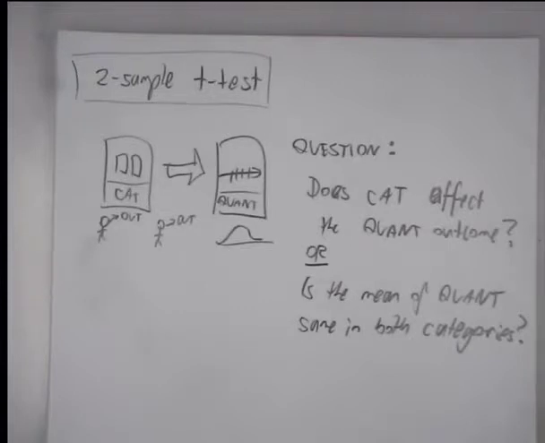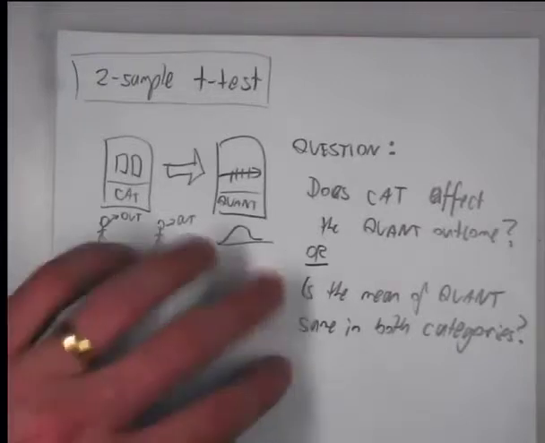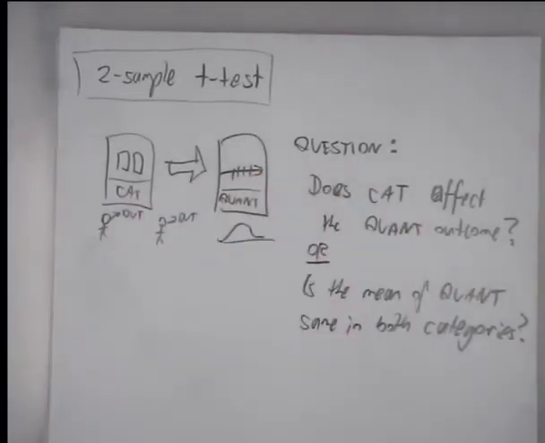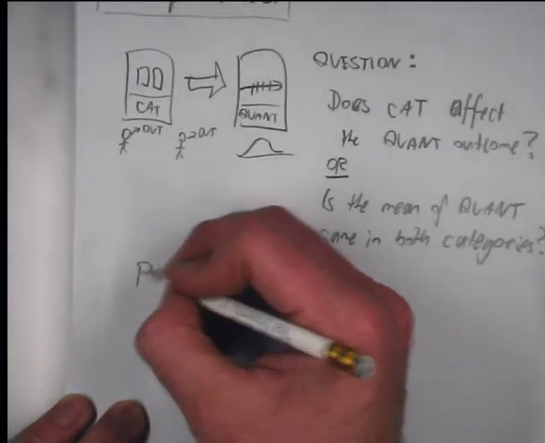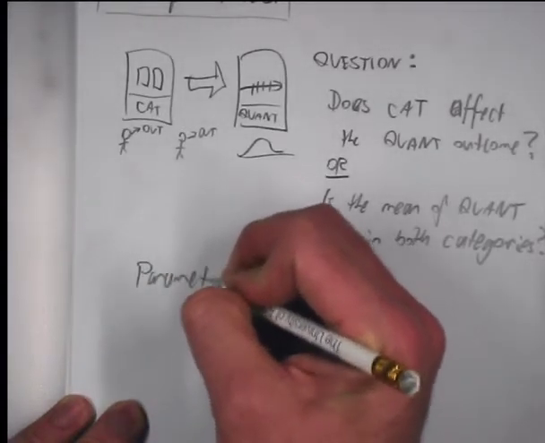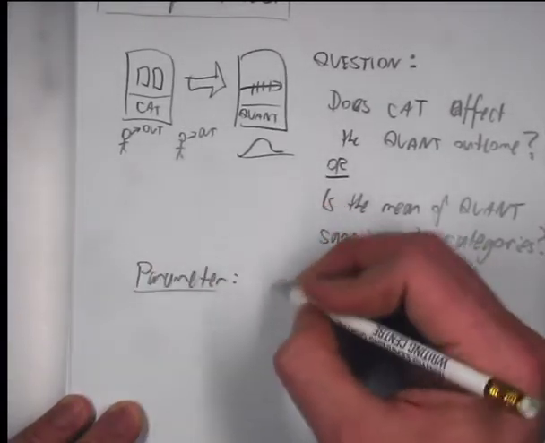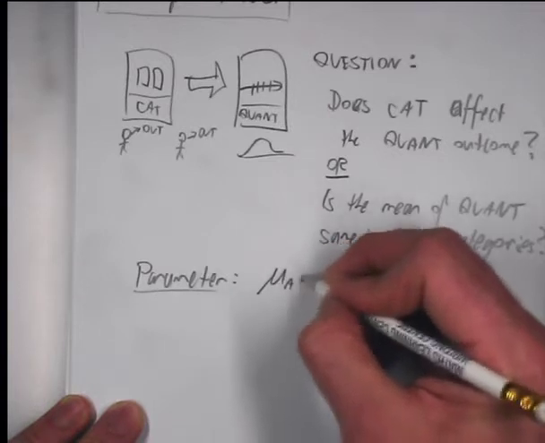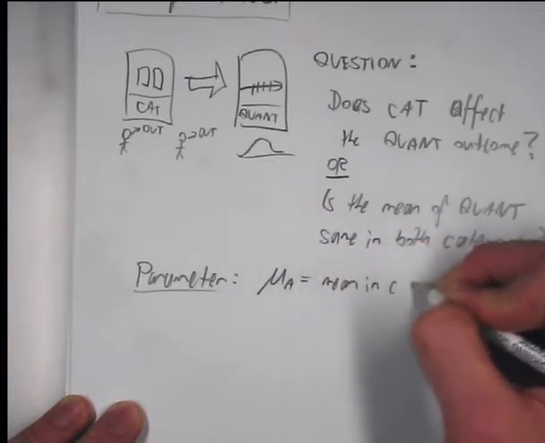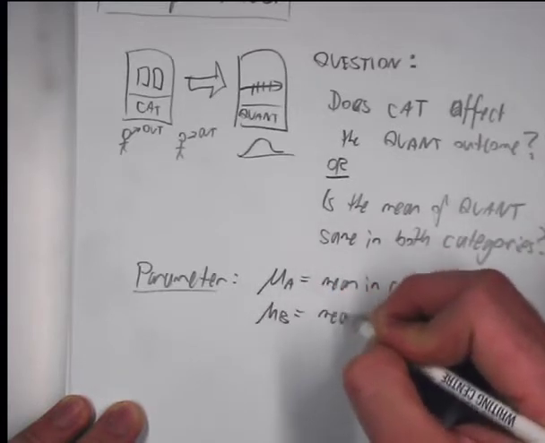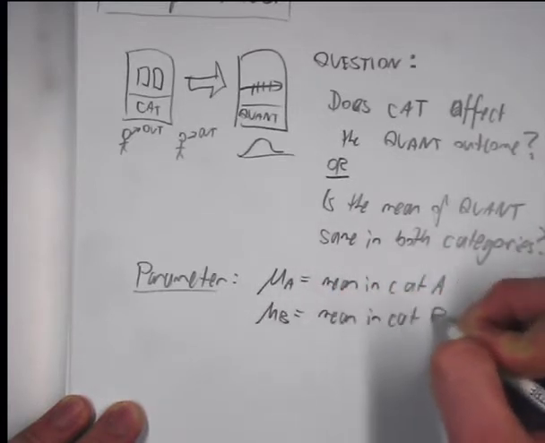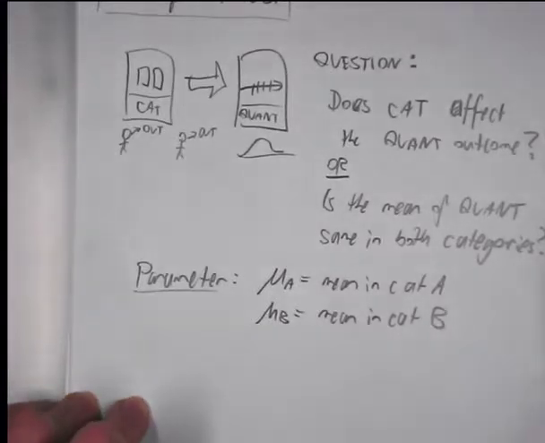Okay. This is the one that the null hypothesis comes from. So you'll get your parameter will be mu A is the mean in category A, and mu B is the mean in category B. He normally does it 1, 2, doesn't he? Oh well.